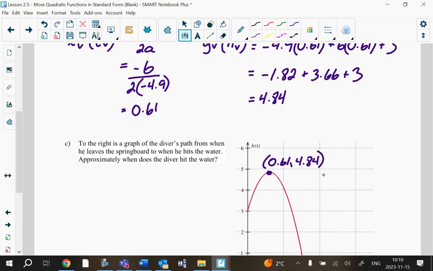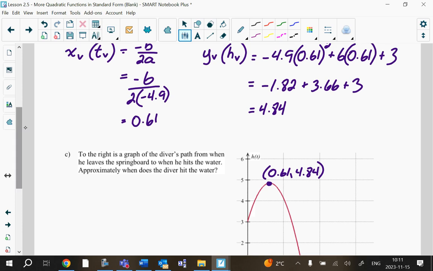If you're in AP Stats, you'll know what I mean when I say it's also about interpreting. What do these values mean? What does the 0.61 mean in this problem? What does 0.61 represent? Time. So this must be 0.61 seconds, right?